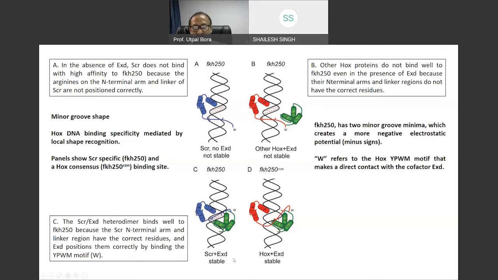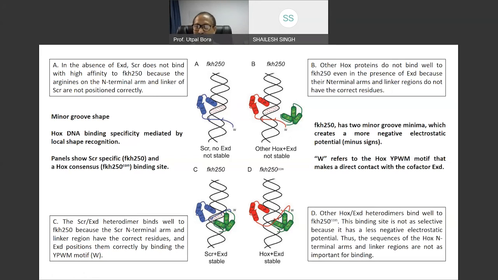SCR and EXD heterodimer both are present and they bind well to the FKH 250 because the SCR N-terminal arm and the linker region have the correct residues, and EXD positions them correctly by binding the YPWM motif. So in this case, the binding is successful because everything has fallen into place and everything is favorable over here.